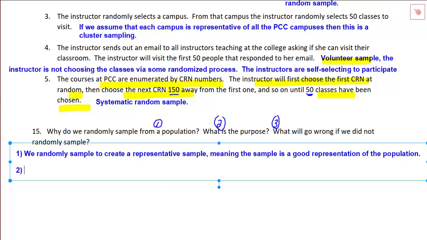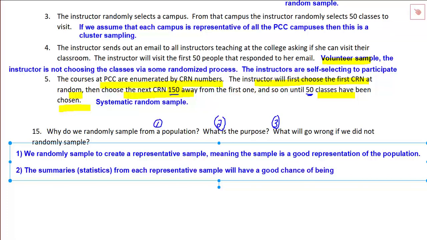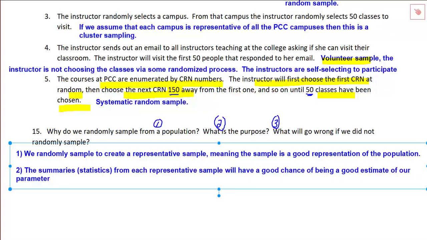So the idea here is that once we get a sample, we're going to measure things and then summarize things from the sample. So the summaries, which are really the statistics from each representative sample, will have a good chance of being a good estimate of our population, of our parameters, whatever they happen to be.